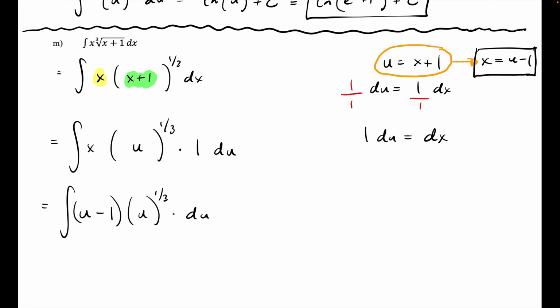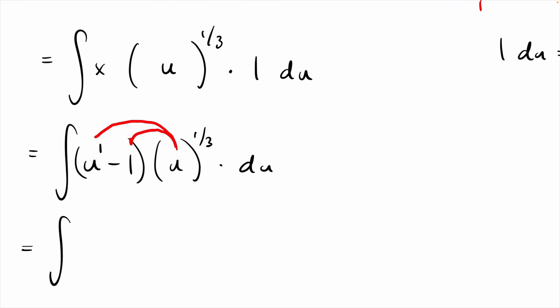Well, plug in, not plug in, because I haven't done the antiderivative. I'm going to do the distributive property. I'm going to distribute the monomial to the binomial. You guys have done this millions of times in your life. So we have u to the first power times u to the 1/3. What do I do with the fractions there?